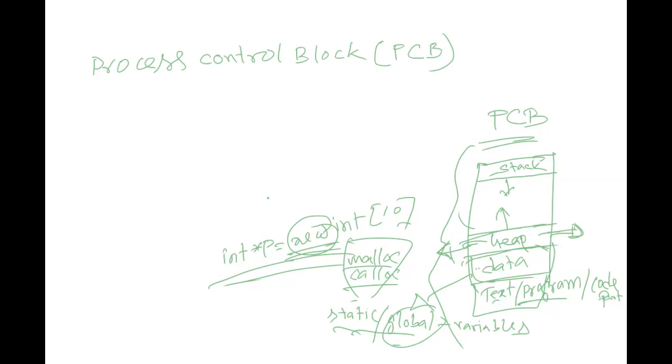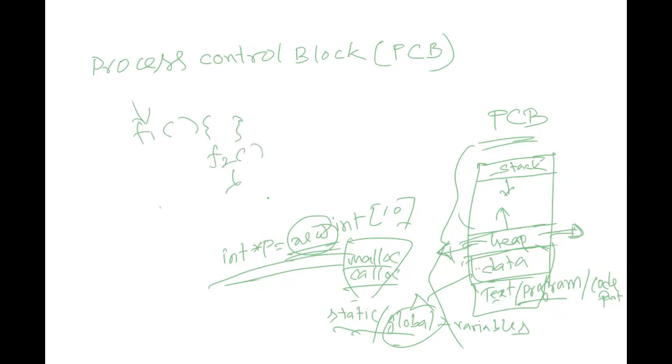Stack is nothing but the function calls. If your program contains a function, let's say you write one function and you call this function, and then inside this function you may call another function as well.